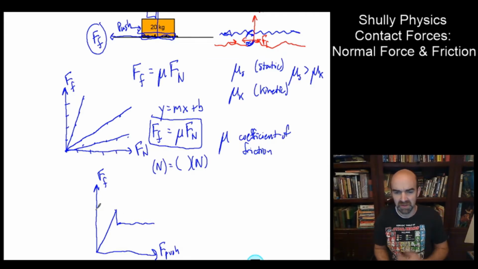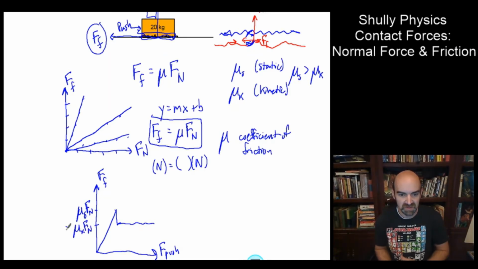If you do the two ways to find mu video in my series, you're going to see this in the lab data. You're going to see this increasing frictional force as we increase the push, and then it'll drop down a little bit. We'll be looking at the maximum there. This corresponds to mu s times the normal force of the block. And this little section down here corresponds to mu k times the normal force.